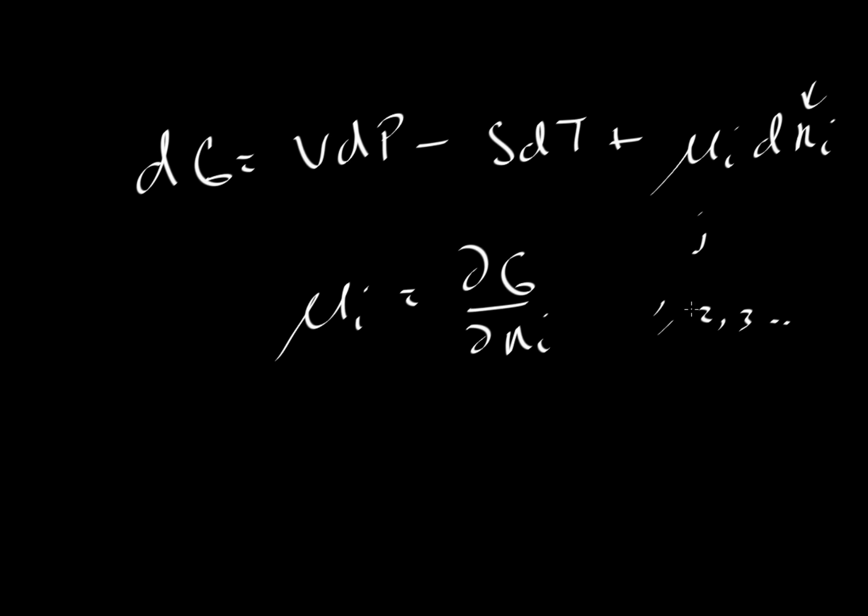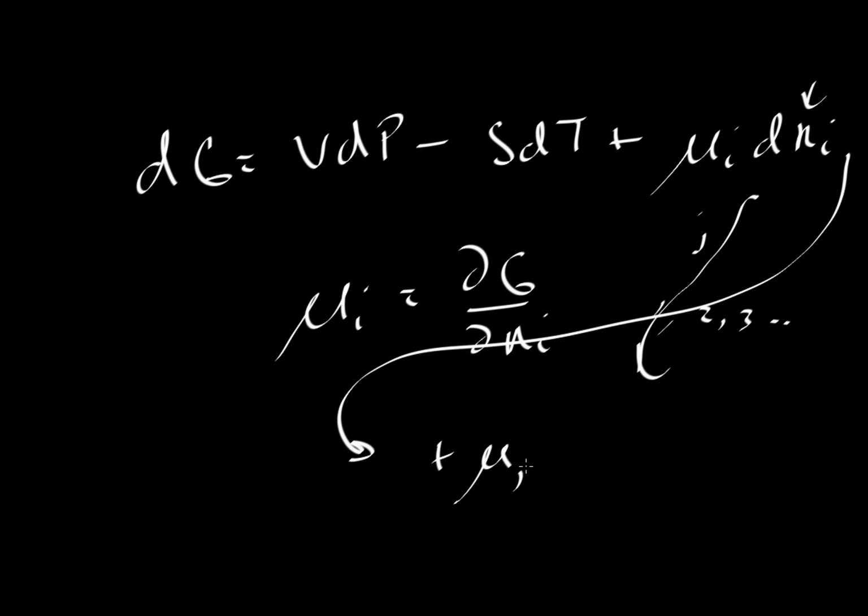Well, then we can add other terms at the end of this equation: plus mu sub j dn_j, and plus mu sub k dn_k. And we could do this until we run out of letters in the alphabet, or more precisely, when we run out of components in the solution that might affect the Gibbs free energy of the solution.